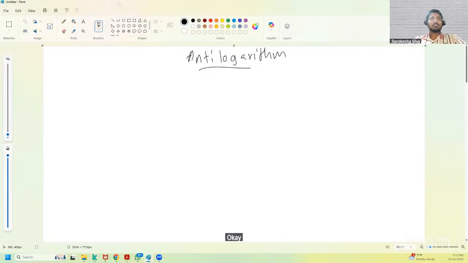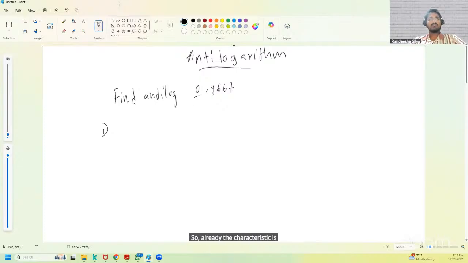The example will be: find the antilog of 0.4667. Already the characteristic is 0, so you don't have to worry now. This is easy, that's why I'm doing this for you.